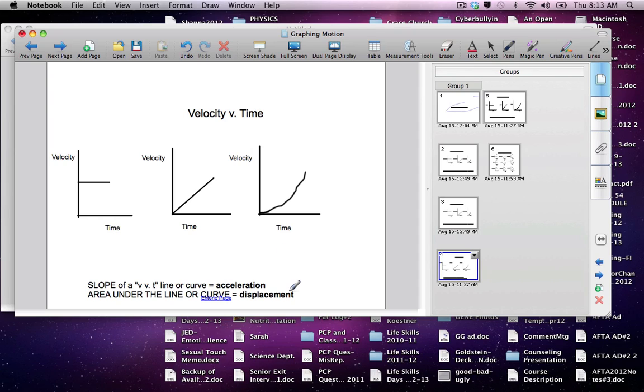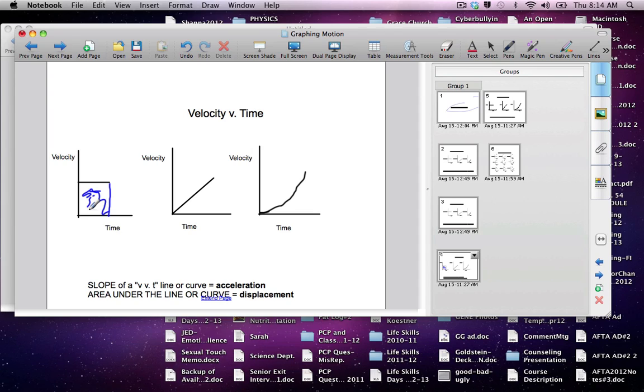If we look at area under the curve, for example, if I highlight this right here, and I look at all this area under this curve, that's nasty looking, isn't it? How am I going to find that area without using calculus? Well, basically, it's a rectangle.